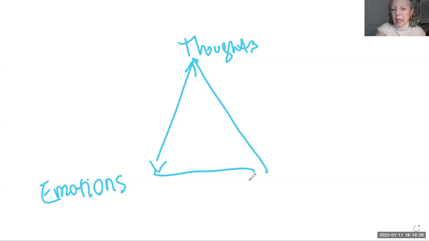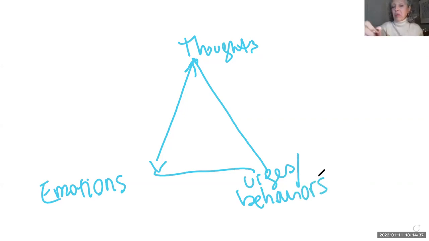Similarly, the brain produces urges to behave in a certain way or actual behaviors, and those are pretty much the only 3 things that the brain does. So we have a thought, my mosquito bite itches. The behavior is actually scratching the mosquito bite. Then we might have an emotion. Ooh, I told myself I wouldn't scratch it.